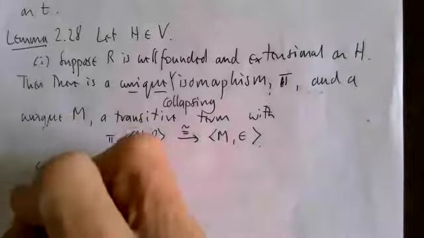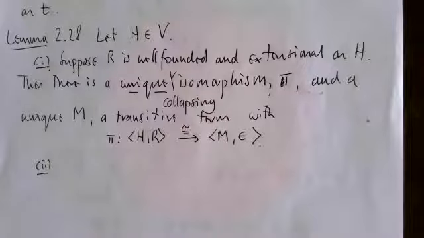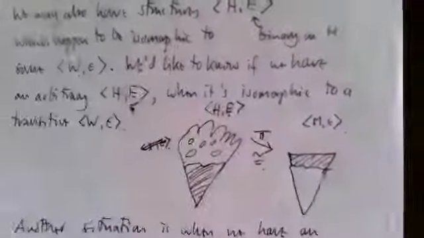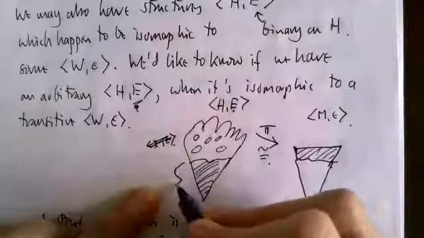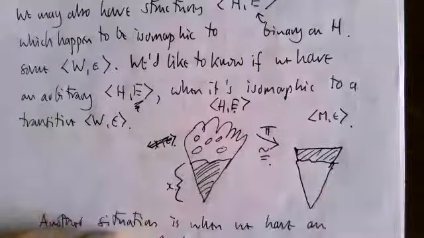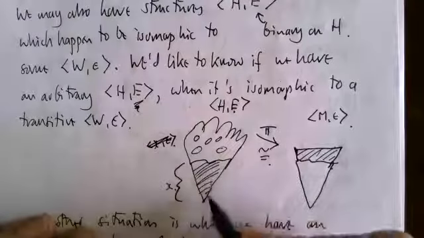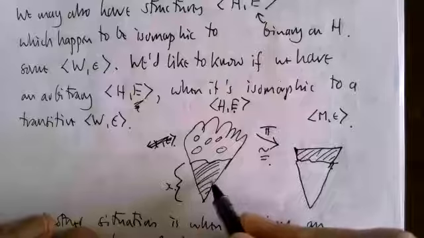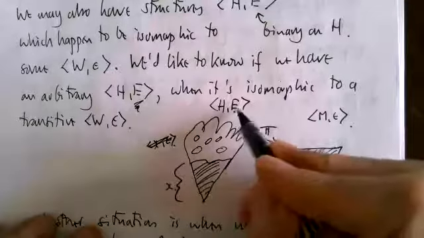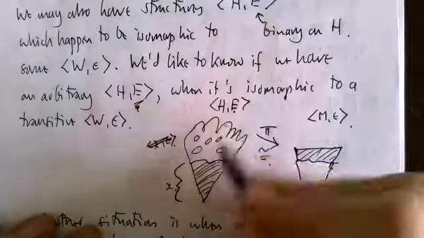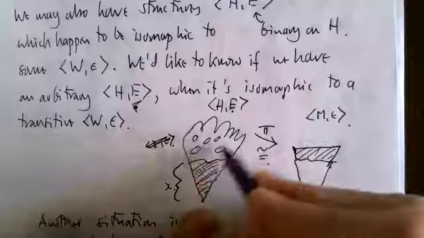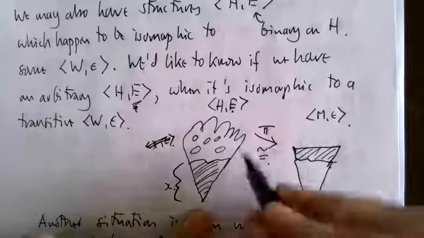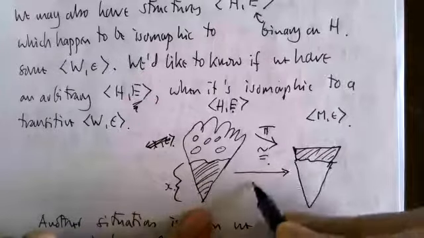The second part of the lemma, right, I could bring the diagram back again here for this, says if I've got part of my H, which I call X in the lemma, if this part of H is already transitive, and if the relation R is just the same as epsilon on this bit here, it may be something else around here, then actually on this bit, pi is just the identity.